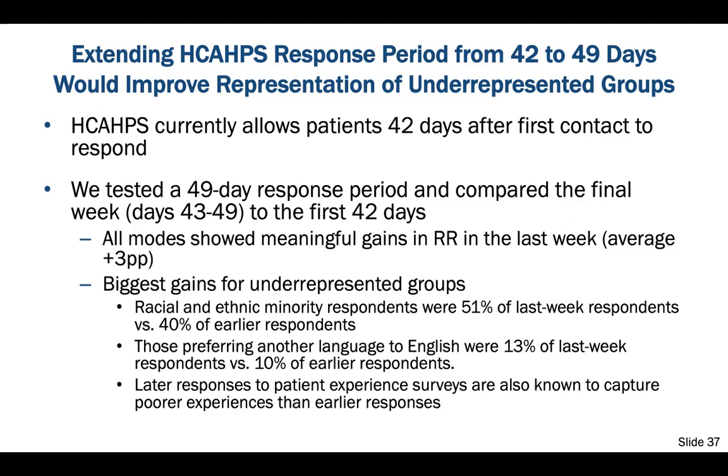So we found that a 49-day field period, compared to the current standard of 42 days, brought in more racial and ethnic minority respondents and more respondents who preferred another language to English. So in addition to response rate gains, there are disproportionate gains to representation as well.